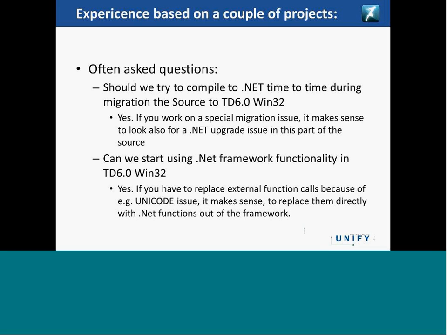So next steps. Should we compile for .NET from time to time while migrating the sources to Developer 6 Win32? Yes. If you plan to go to .NET with Team Developer in the long, short, or middle term, it makes sense to take the step from a previous version of Team Developer to Team Developer 6 and do a test compile sometimes.